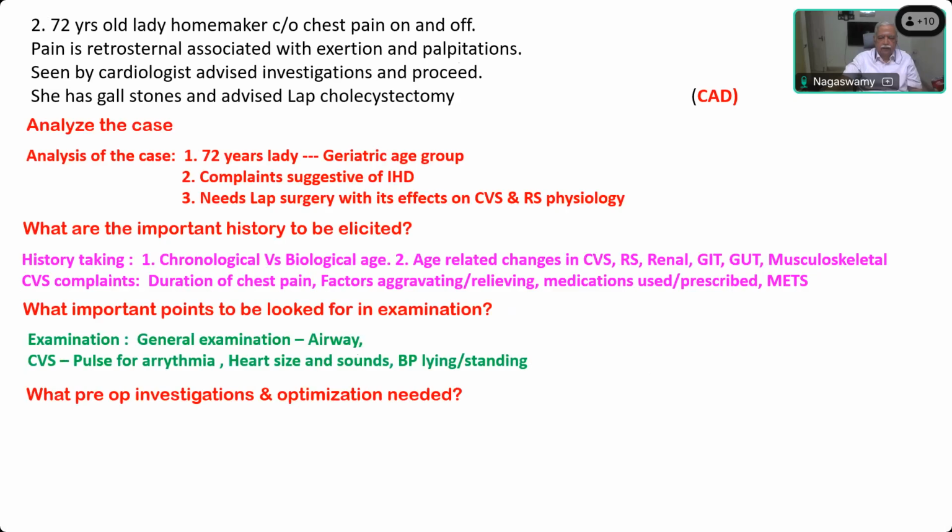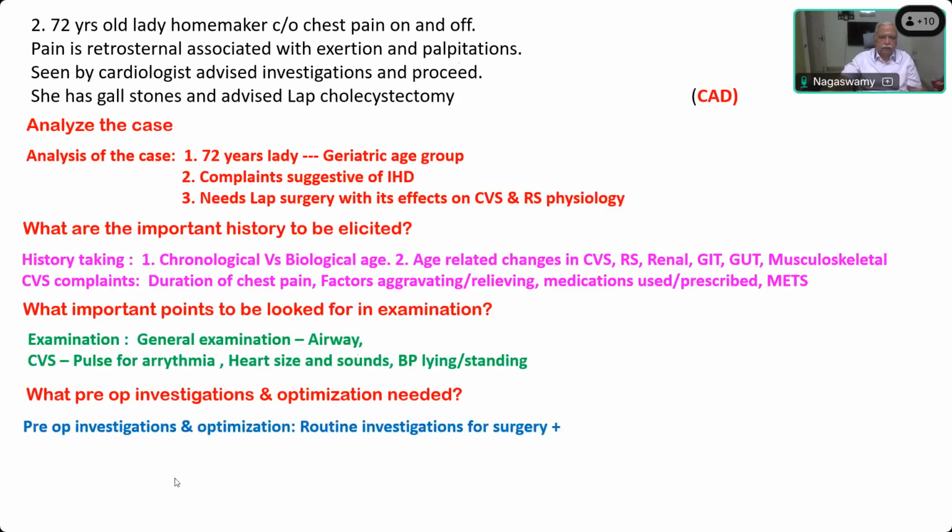If there is evidence of ischemia already present in the resting ECG itself, then there is no need to do any stress testing. Whereas if the resting ECG is normal and echo also does not show any regional wall motion abnormality, then only stress ECG or stress echo is indicated to find out whether ischemia can be induced by exercise or effort.